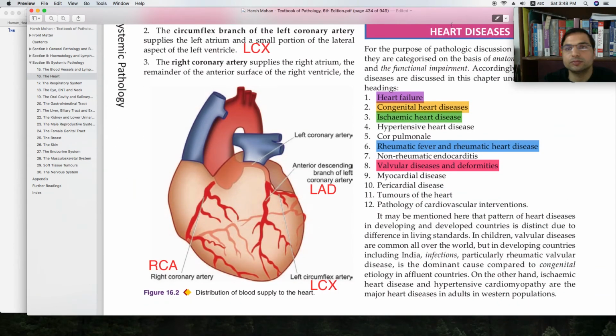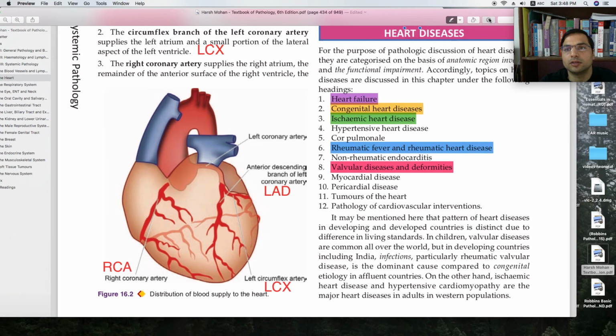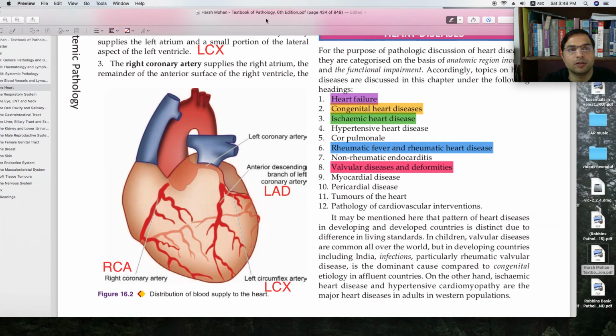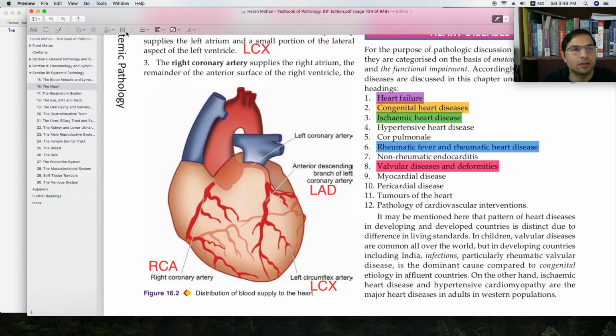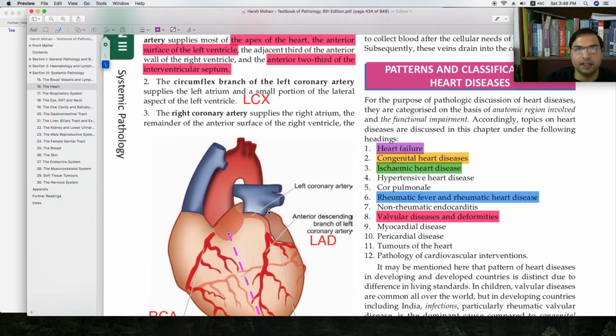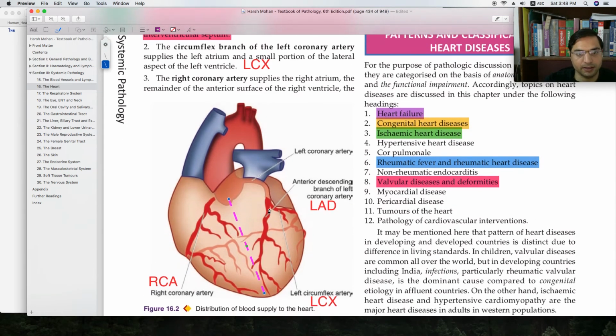So where is my pen? So if this is the interventricular septum, this is the anterior two-third.